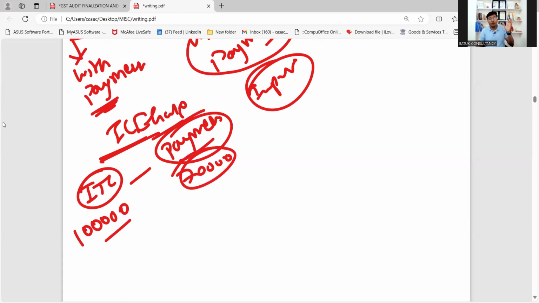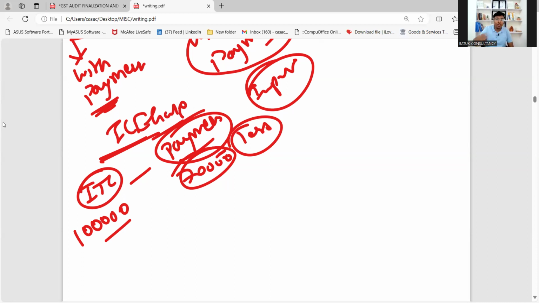That means that particular entity is going to receive only 70,000 rupees from the foreign country, but that person has an input tax credit balance of 1 lakh rupees. That means that person is making an export of a very small amount and is just going to claim the refund of input tax credit.